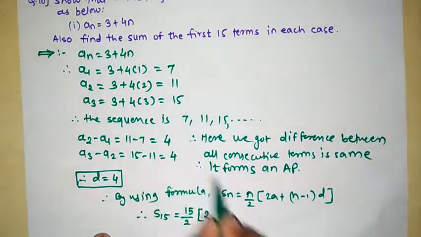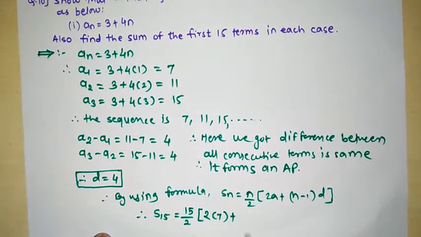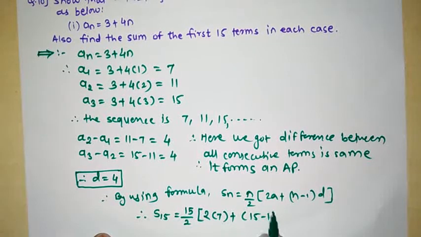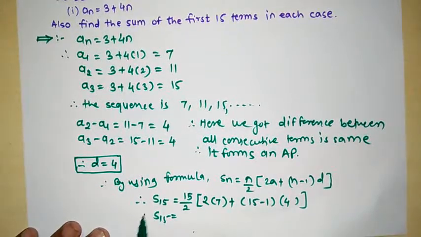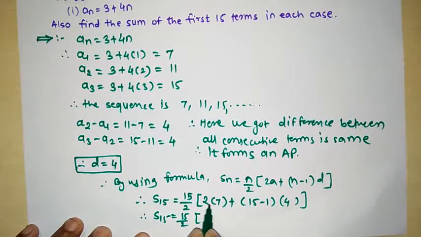That is, S15 is equal to, instead of n we write 15, divided by 2 into 2 into a. What is the first term here? First term is 7. 2 into 7 plus n is 15 minus 1 into D. What did we get? D is 4. Calculate this. S15 is equal to 15 by 2, 2 into 7, which is equal to 14, plus 15 minus 1, which is 14, into 4, how much?